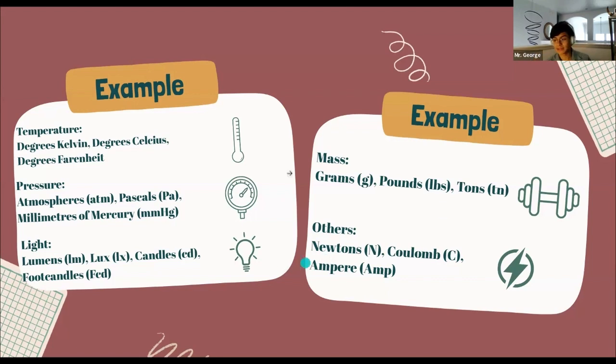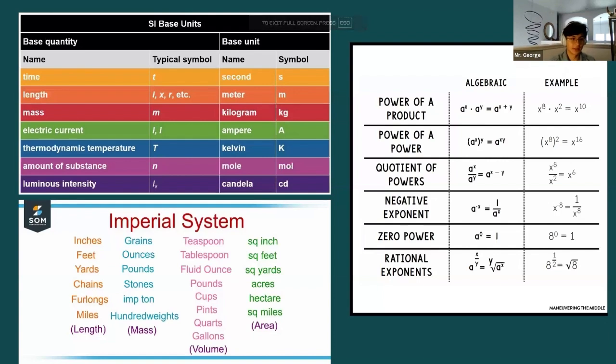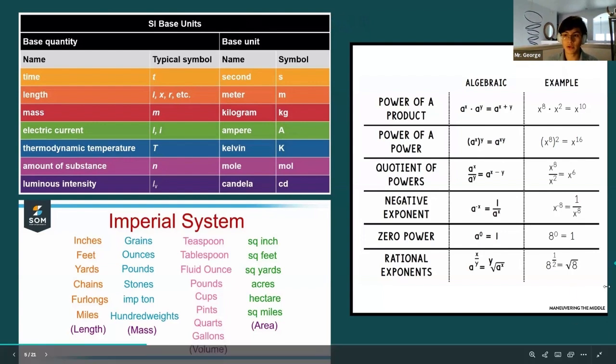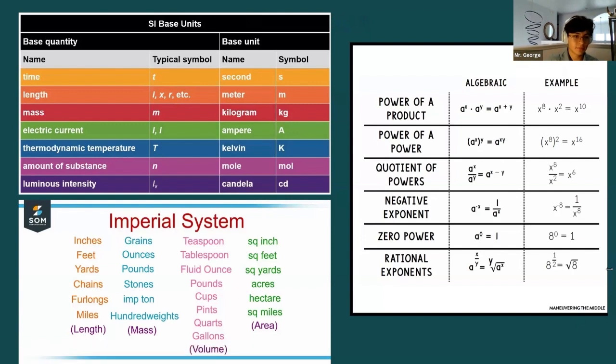So here we have SI base units, which are just the basic units. SI stands for standard international. Since there's this disparity between the United States and Canada and the rest of the world, the SI units are used universally as a basis.